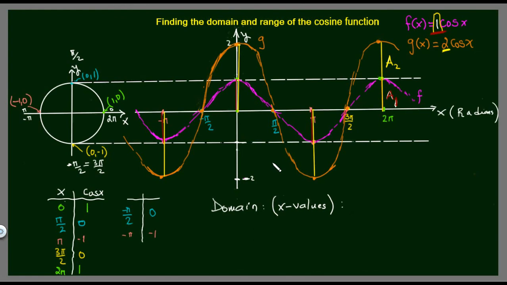If you take a look here, you see that we're going from minus infinity through 0 right here to plus infinity. So the domain of this function takes all the real numbers, and real numbers are written R.